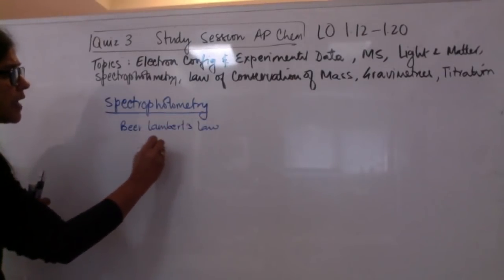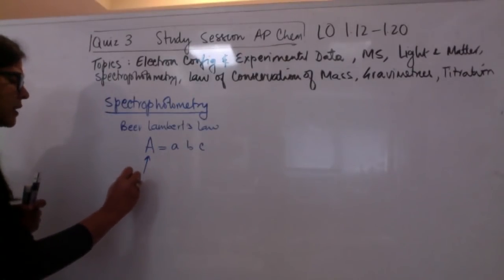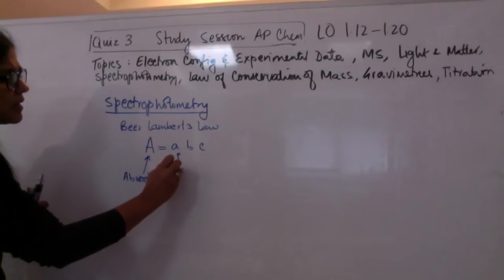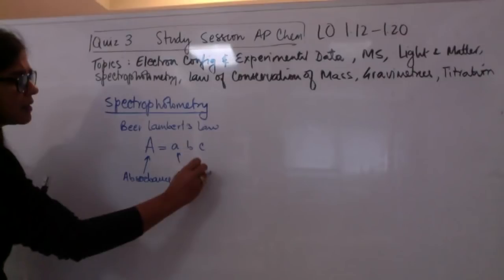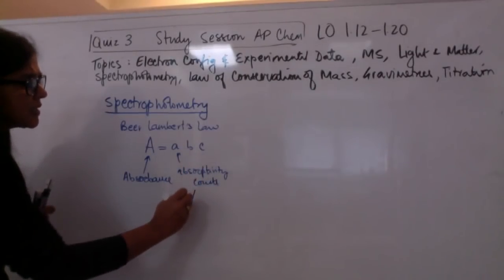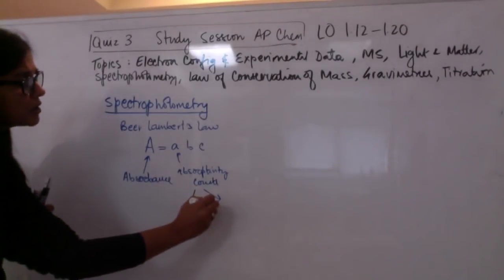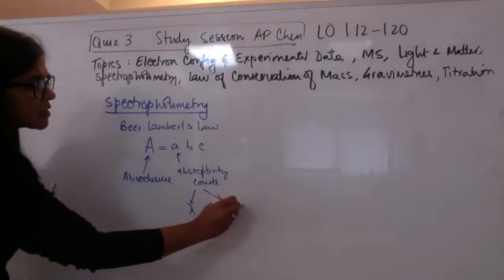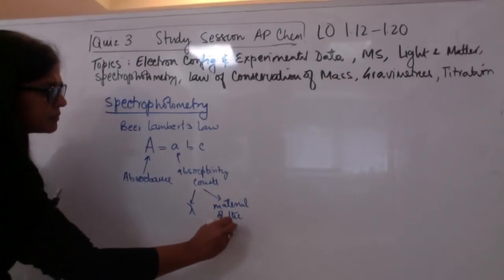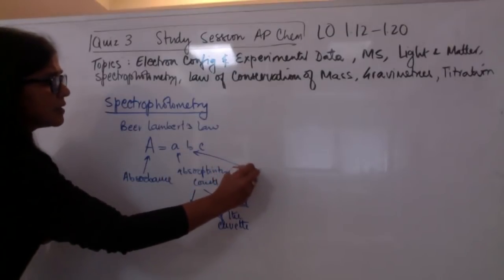Beer-Lambert's law says A = abc, where A is absorbance. Absorbance does not have units. Lowercase a is the absorptivity constant, and this absorptivity constant in turn depends upon the wavelength at which you are measuring and on the material of the cuvette. b is path length.